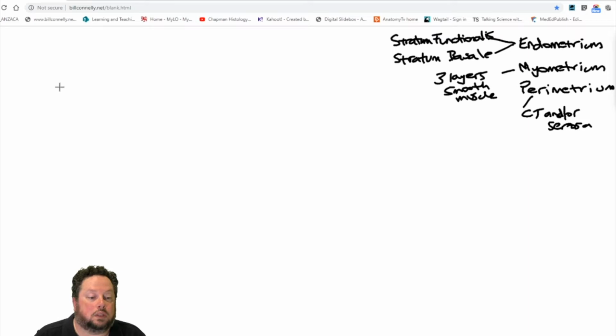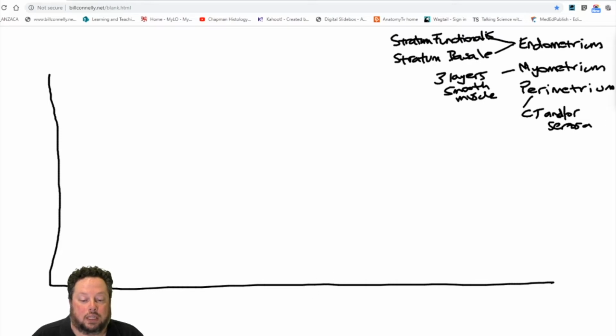So we sort of can start to think about the uterus over our 28-day cycle, normal menstrual cycle. And so we sort of divided into 3 phases here.